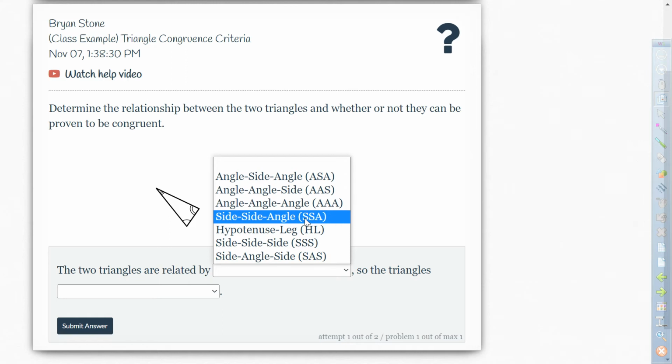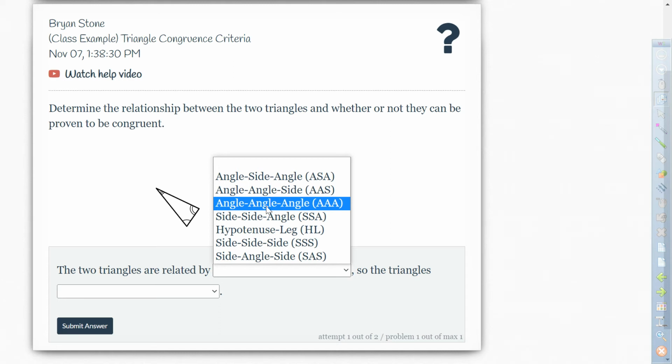Side-angle is not one of our theorems, and angle is not one either, but it's still an option. If our problem is using that information, we still need to pick it, and then we'll say whether or not we can say the triangles are congruent.